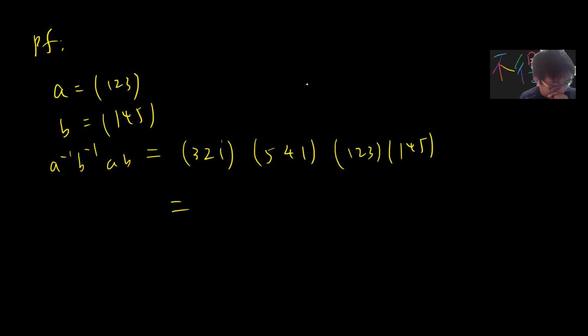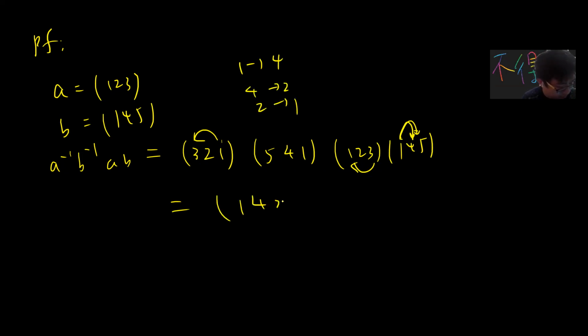Okay, so 1 goes to 3, and 3 goes to 1, and 1 goes to 4. Okay, so your result will be 1 goes to 4. Then you can check that 4 goes to 1, then 2, and 2 goes to 1. So this is (1 4 2).